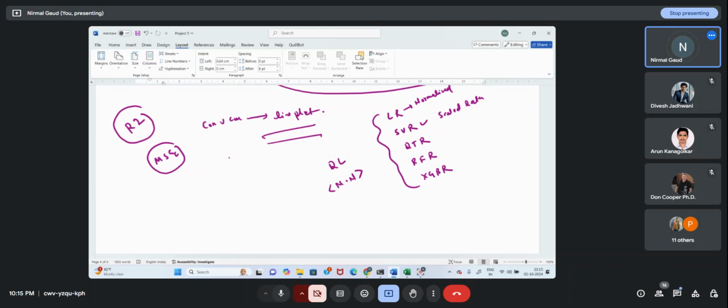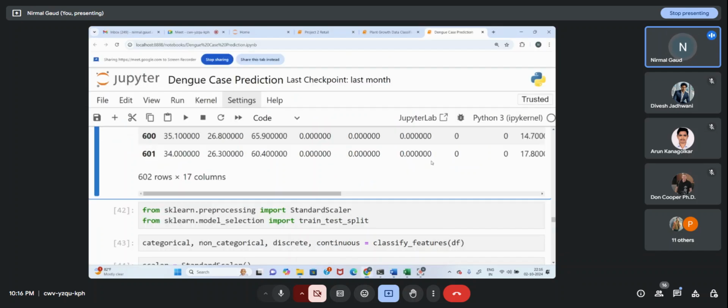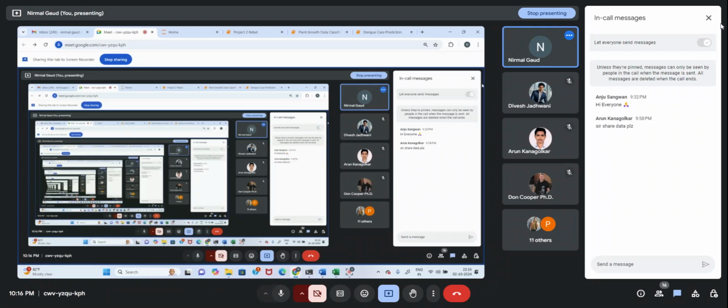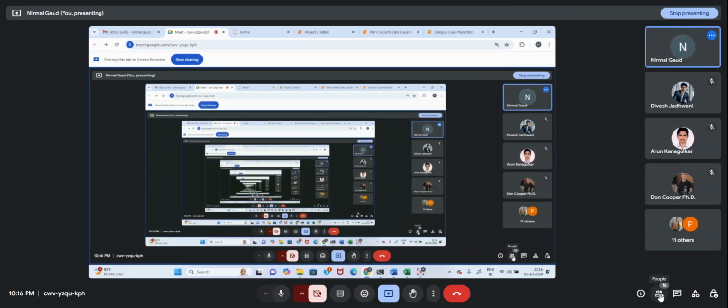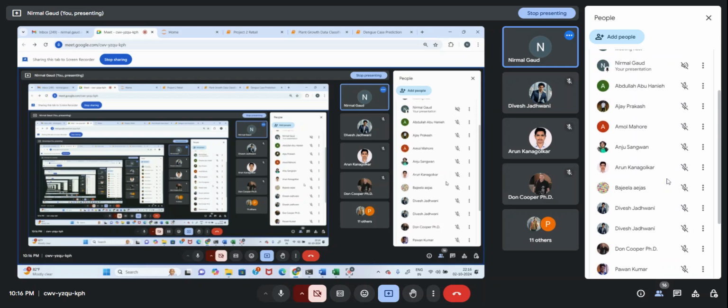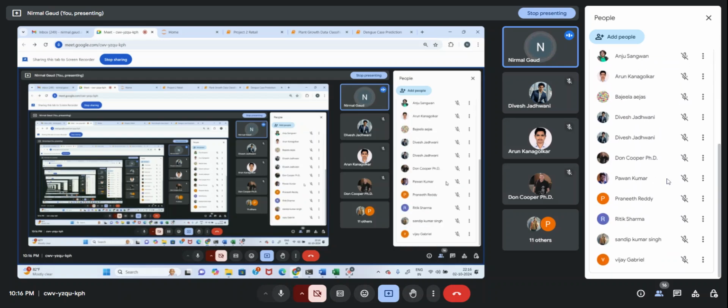That's a major criterion for evaluating a regression model. But explaining R2 is challenging. Why is it challenging? I hope we have the experts present in the session. They might know this. This is quite challenging to explain, the R2 score.